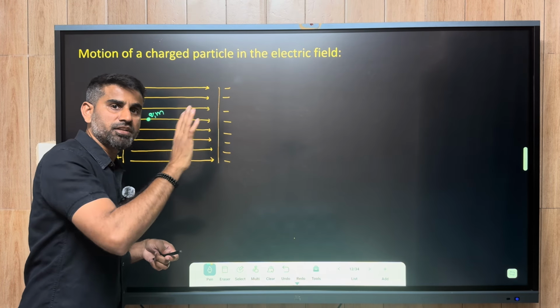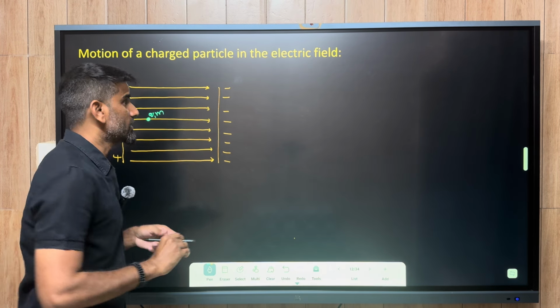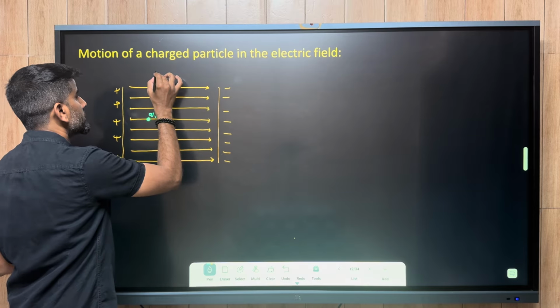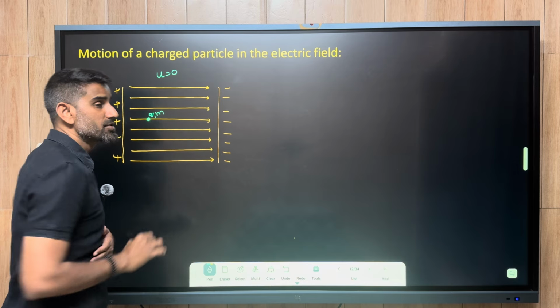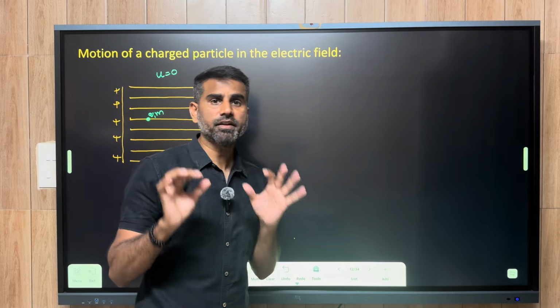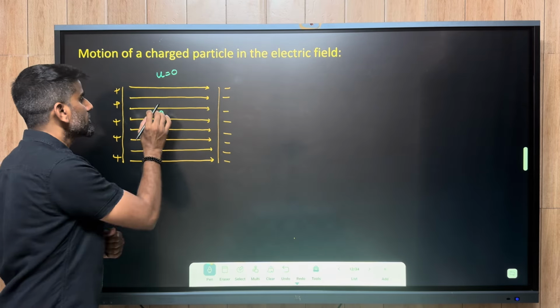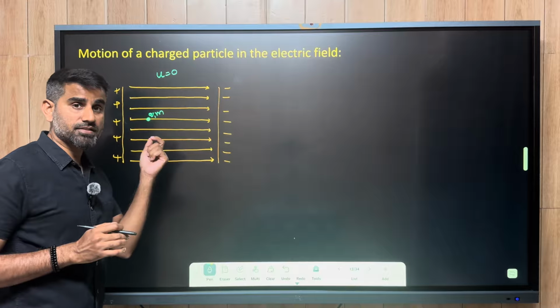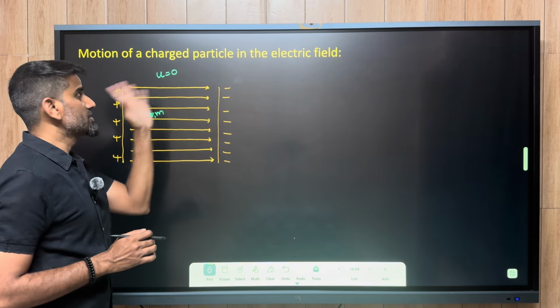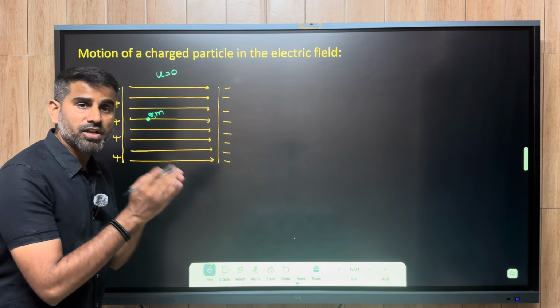I haven't provided any initial velocity. Its initial velocity is 0. It is initially at rest. This is the case that I am taking as of now. So this is the charged particle whose charge is q and mass is m, which is initially at rest, and I've just placed it in the field.